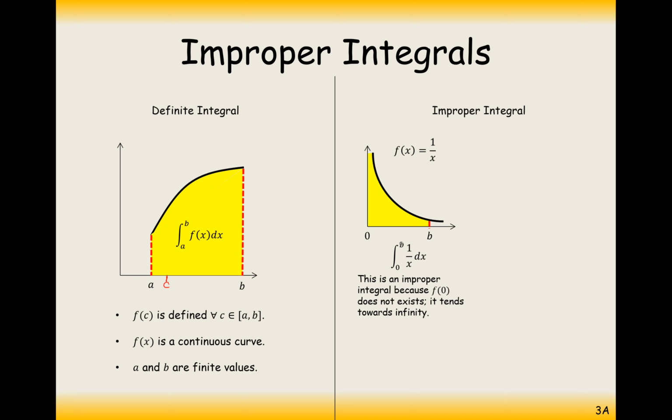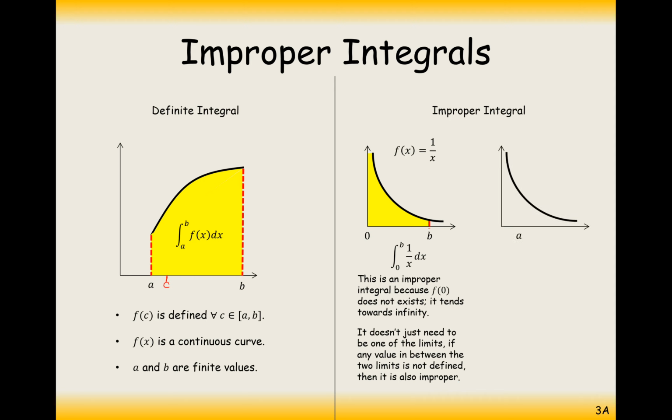Now, it doesn't just have to be one of the numbers on the boundaries or limits of my integral. If there's any value between 0 and b, or between your two limits, where the graph does not exist, or the function isn't defined, then it's also an improper integral. Another example of an improper integral is where I do an integral up to infinity.